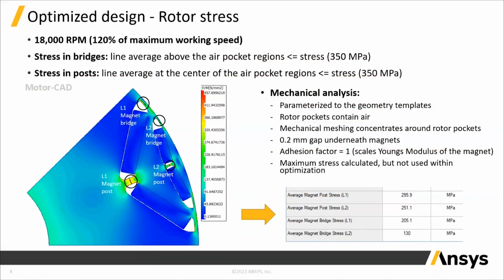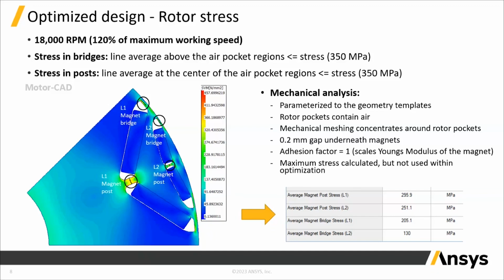It was varied in the optimization, but we've taken averages of stresses in some key regions, which you can see: the magnet post, which is the central area between the two magnets, and another area close to the air gap, which we're calling the bridge. These two areas are where we see quite high stresses. It's a multi-physics problem because electromagnetically, we want them to be as small as possible to minimize flux leakage. However, there's a minimum strength that we need to maintain for working at high speeds.